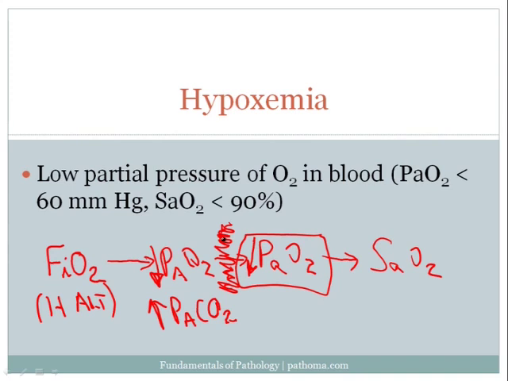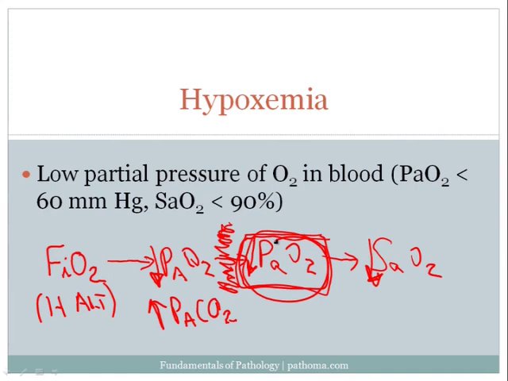So again, I think if you understand the general idea here, it gives you a very good grasp on what we mean by hypoxemia. Now, obviously, anytime the PaO2 here goes down, that's also going to decrease the SaO2, because this is the pressure that was creating the SaO2. You can review your oxygen dissociation curves, and you'll see that to be true as well.